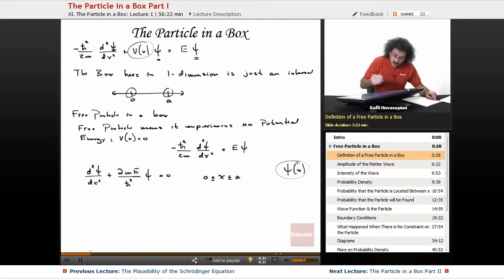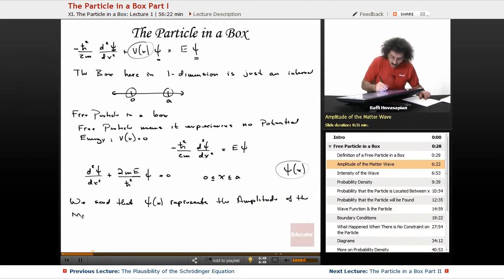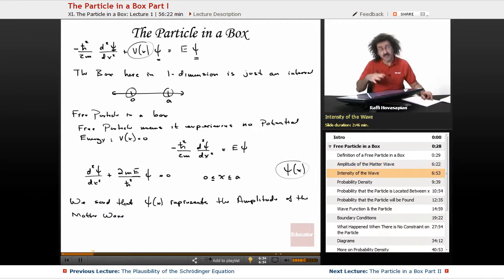How do we interpret that? Well, we said in a previous lesson that the wave function represents the amplitude of the matter wave. Now, in classical mechanics, when we square the amplitude of a wave, we get the intensity of that wave.